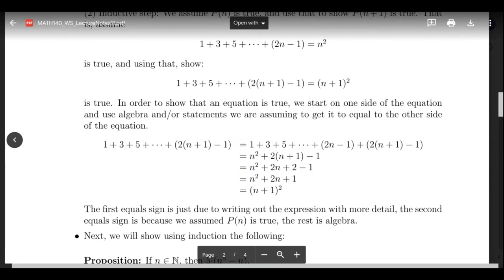How does 1 plus 3 plus 5 plus 2 plus 1? Oh, think of it this way, you're adding. So the sum of n plus 1 odd natural numbers, what's that?